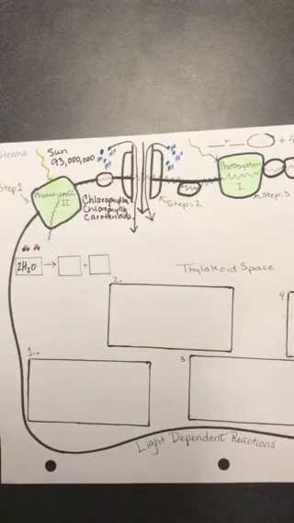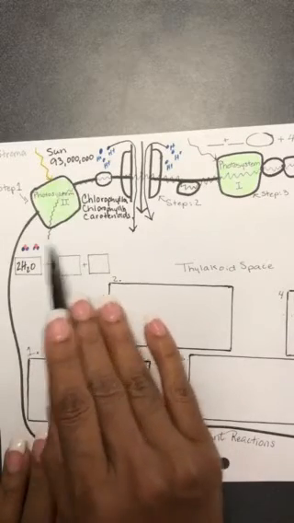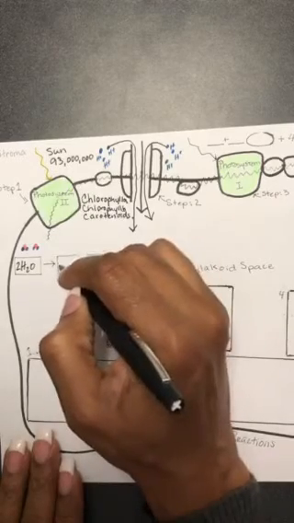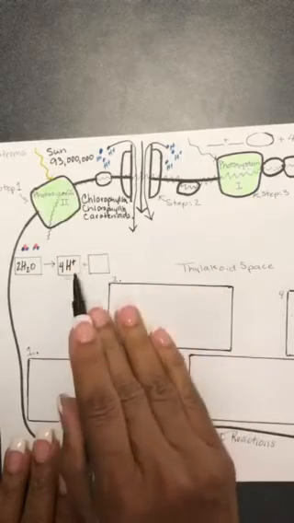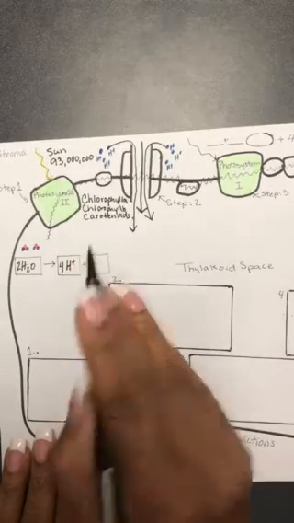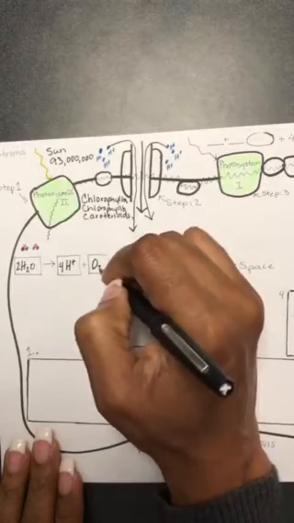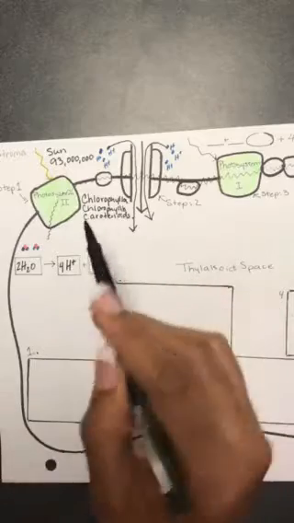All right, so let's go ahead and count up the atoms that you have. So once your water gets broken up by enzymes, then you're going to be left with 4 protons, or we can call them hydrogen ions, and we have 2 oxygen atoms that are diatomic in nature.